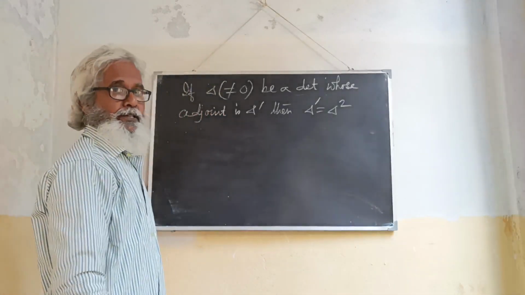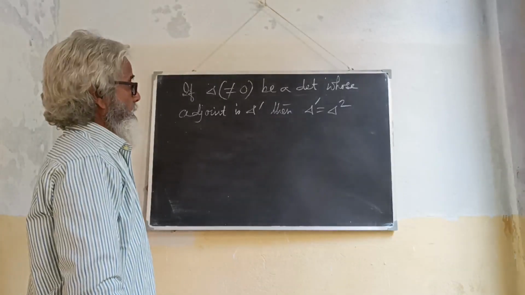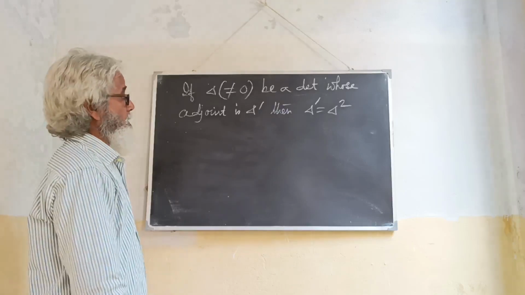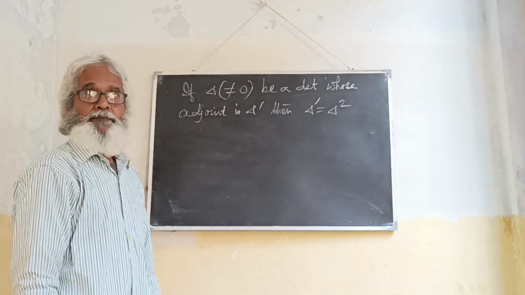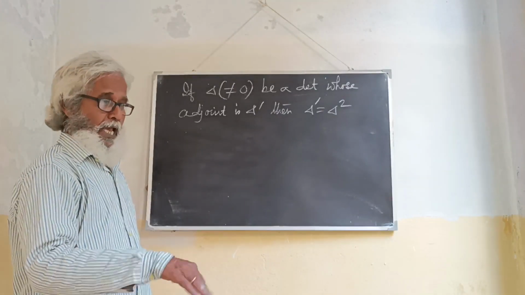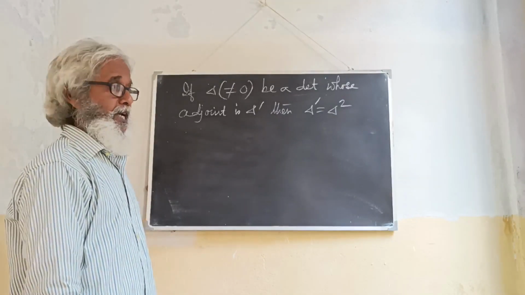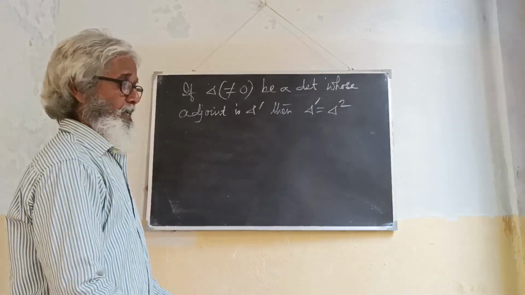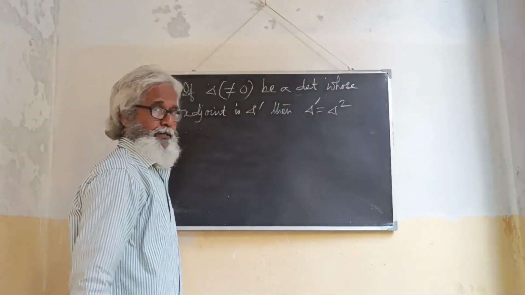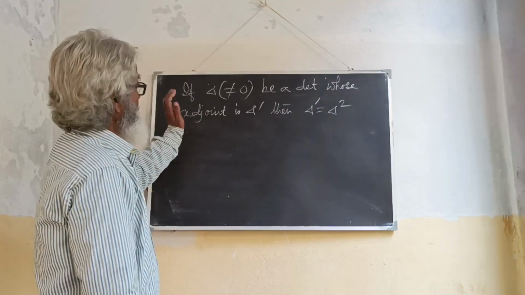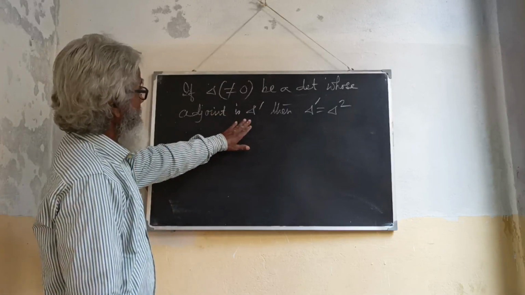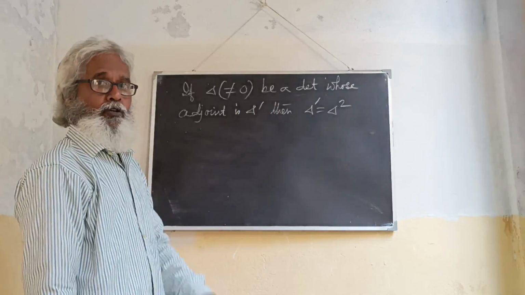Most important property. In future, we will discuss several problems by using this property. All those problems appear typical in nature, but they are very simple if we understand what comes out by using this property. So, if delta not equal to 0 be a determinant whose adjoint is delta dash, then delta dash equal to delta square.